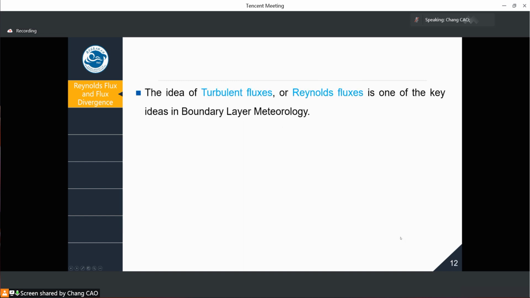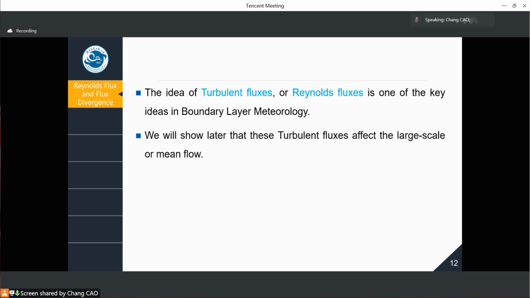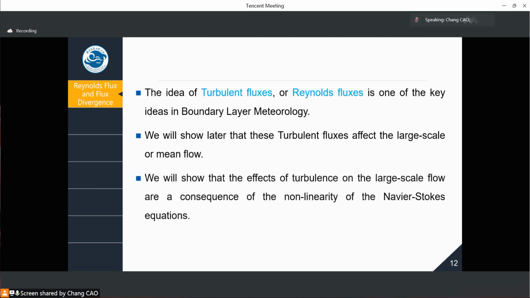And let's get a summary here. The idea of turbulent fluxes or Reynolds fluxes is one of the key ideas in boundary layer meteorology. And we will show later that these turbulent fluxes affect the large scale or mean flow. We will show that the effects of turbulence on the large scale flow are a consequence of the non-linearity of the Navier-Stokes equations.